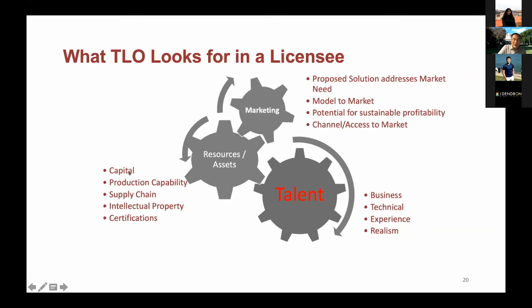And also they look for capital, production capability, supply chain, intellectual property, and certifications for processing. Also that the proposed solution addresses the market need and models to market, the potential for sustainable profitability, and channel access to market. This is all mostly related to large or mid-sized corporations.